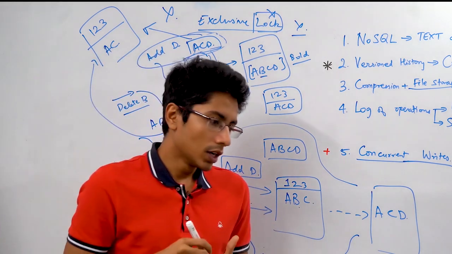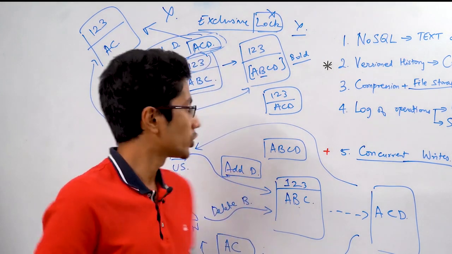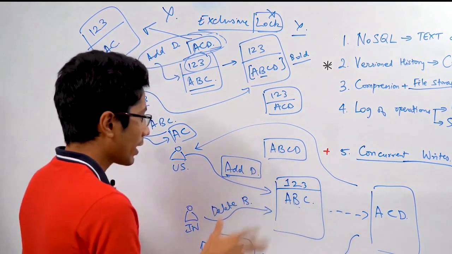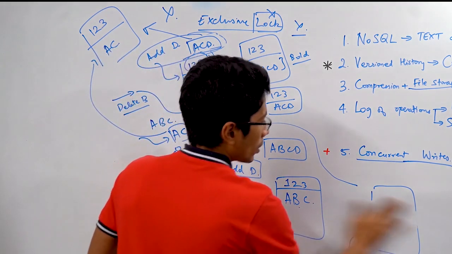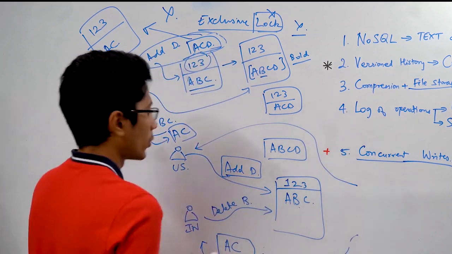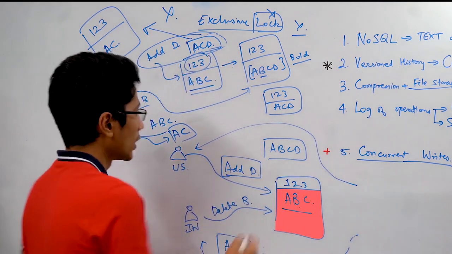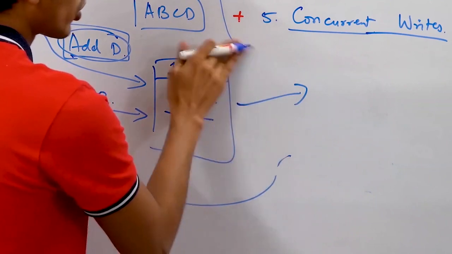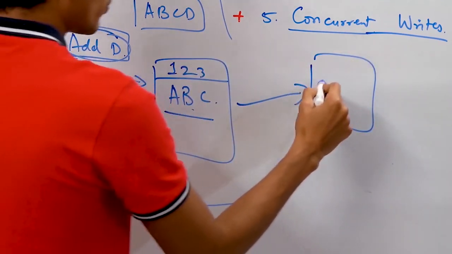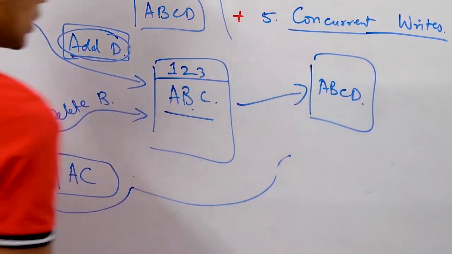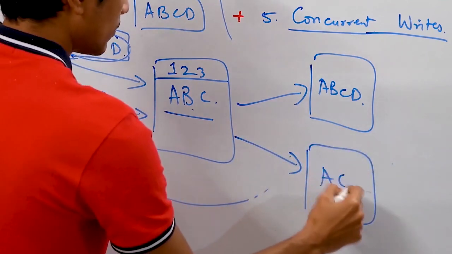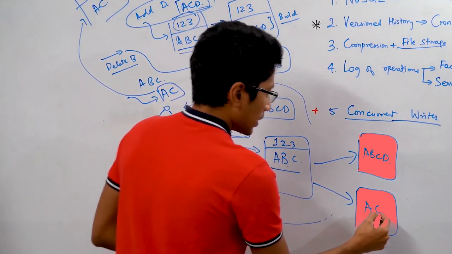Instead, we need a specific algorithm which solves concurrent writes. So the way we are going to go about this is actually creating two copies of documents. Let's say ABC is the document. You perform an operation add D that splits this document into a copy of ABCD and one copy of AC, from the other user's delete B. This is just conceptual.